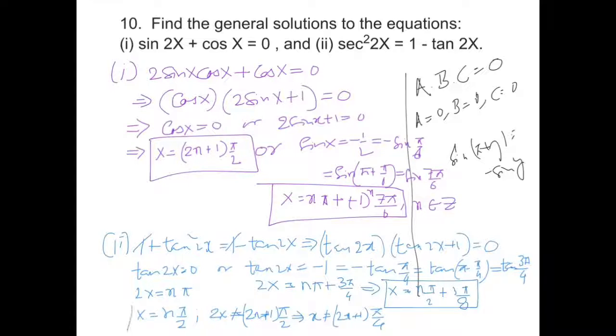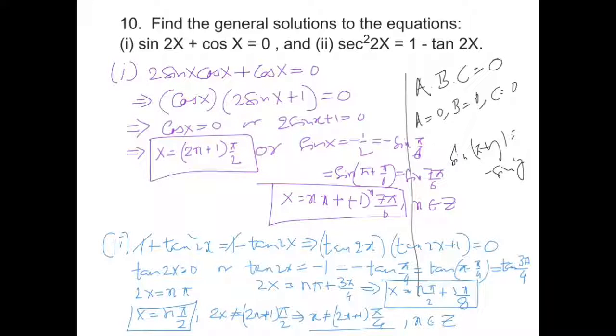And the first possible solution was x equals n pi by 2, with the condition that x cannot be equal to 2n plus 1 times pi by 4, where n belongs to the set of integers.